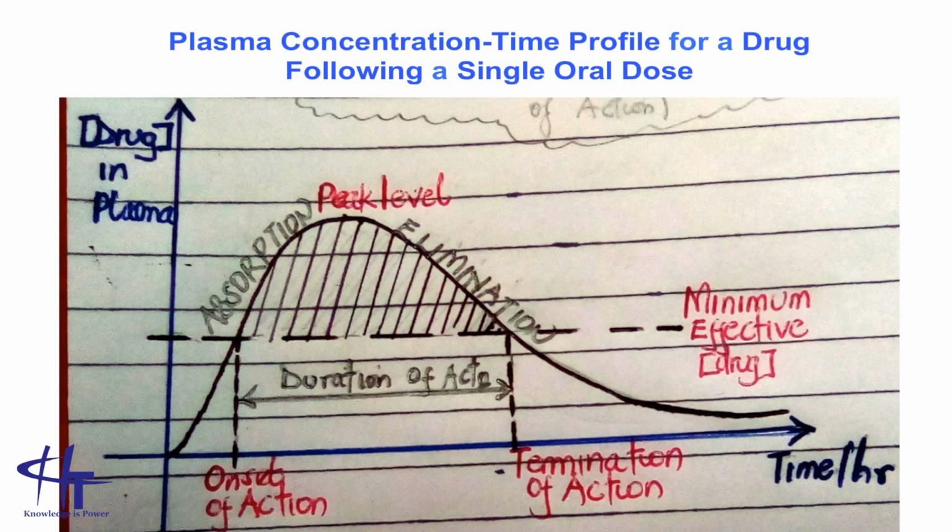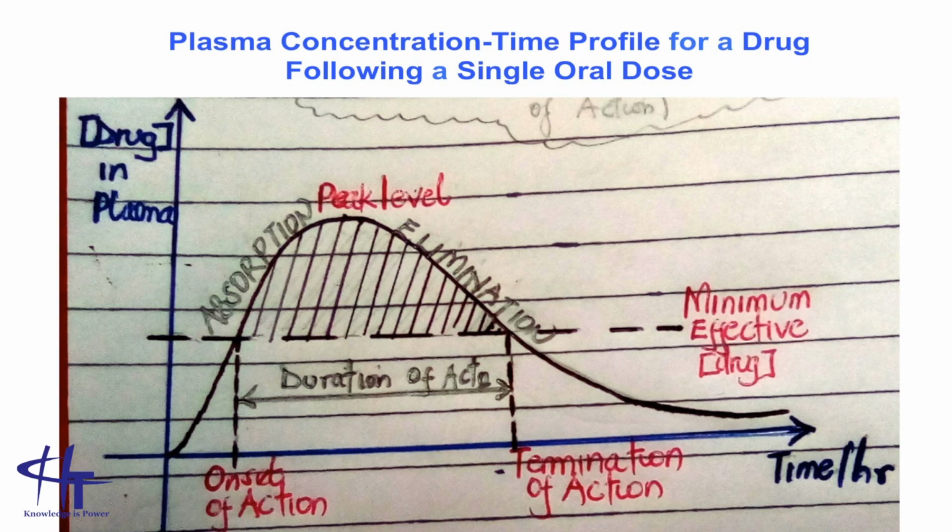Now, when you extrapolate along that curve as far as the time on the x-axis, we refer to that as the time of onset of action of this drug. And then, of course, that drug will not work forever.